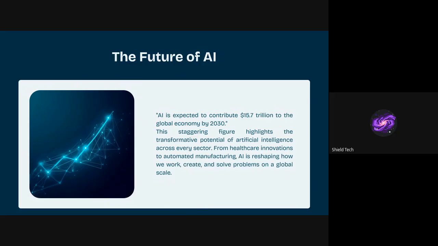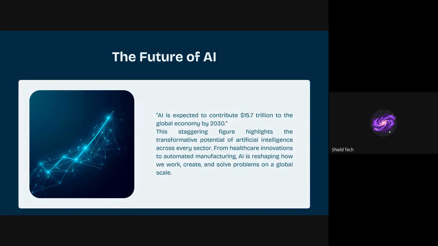Now, the future of AI. AI is expected to contribute $15 trillion to the global economy by 2030. I'm not even capping. You've seen it today. Do you know how much it costs to have access to this? Trump gave about some hundreds of millions when he came into power for the development of artificial intelligence.